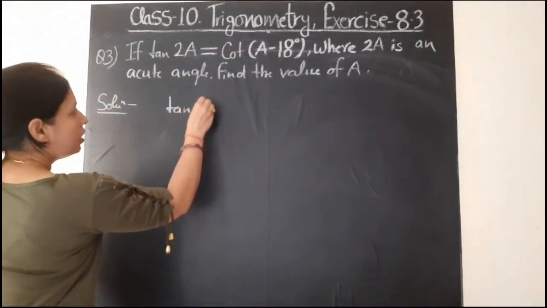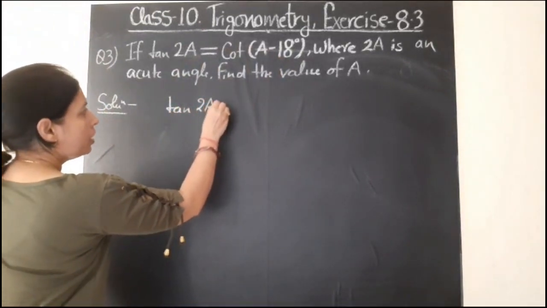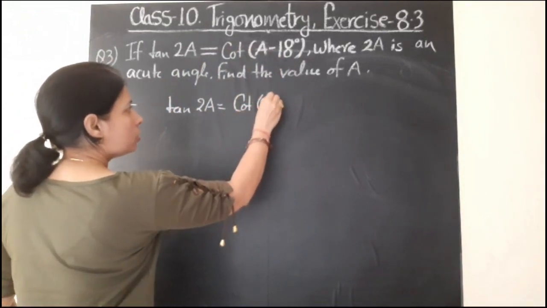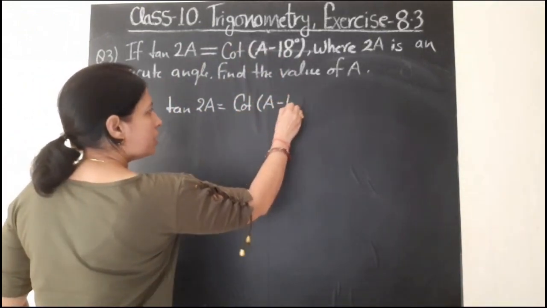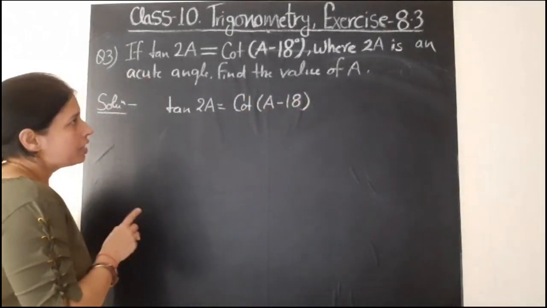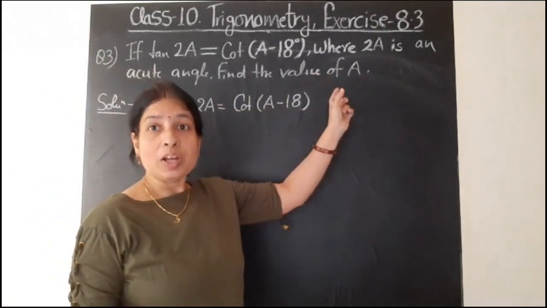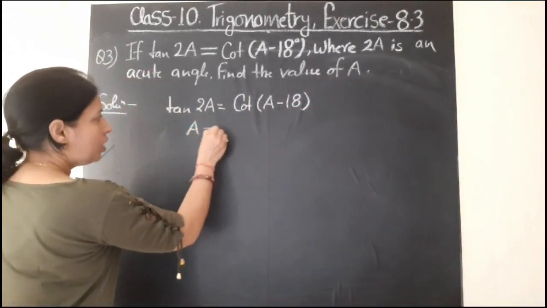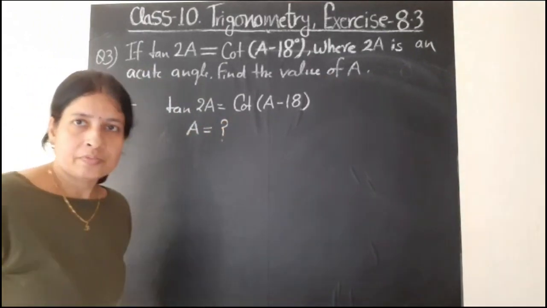Write tan 2a is equal to cot a minus 18. This is given. Second, we have to find out the value of a. So we have to find out what the value of a will be.